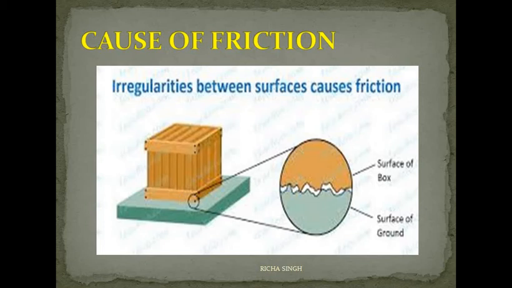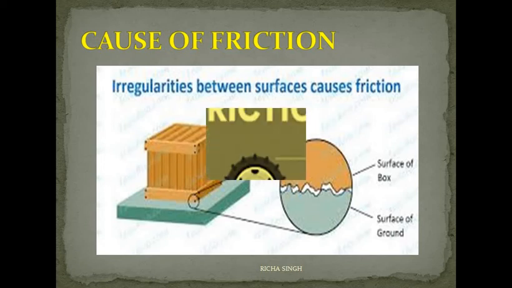But if you observe the microscopic structure, you will see this is the surface of the box and this is the surface of the ground. They have some hills and valleys, and they fit into each other, and this entangling and interlocking of the hills and valleys results in the force of friction. It is due to the roughness of the two surfaces. From outside you can see the surface is smooth, but actually the surface is not smooth, the surface is rough, and this roughness results in the production of friction.